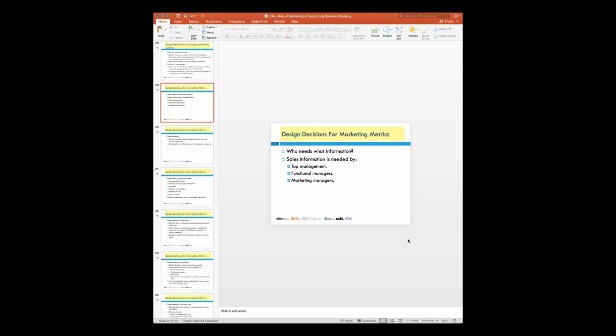The functional managers would be more or less looking at the people who are directly related with products and product services.